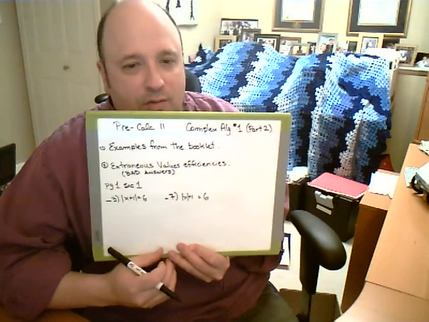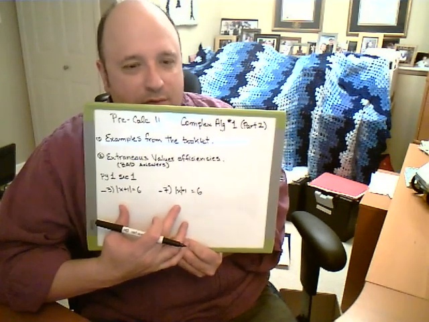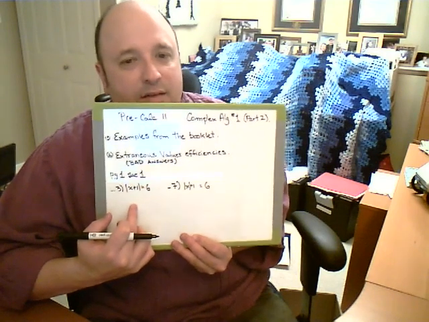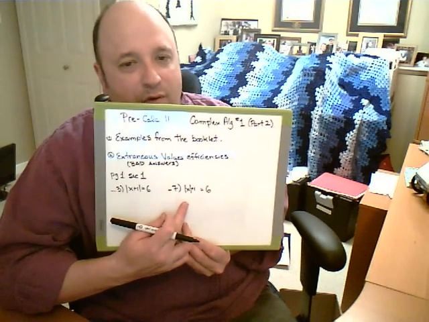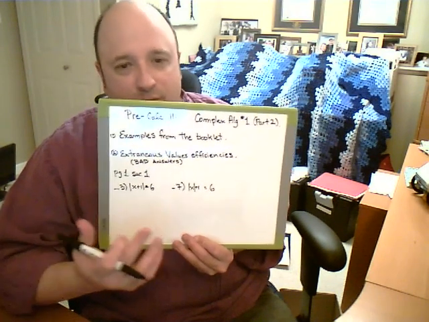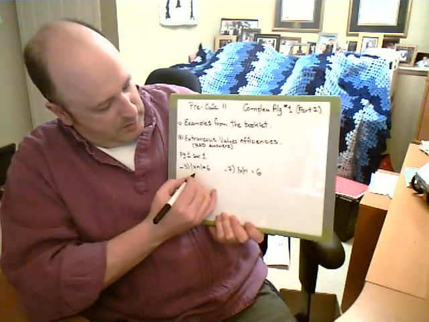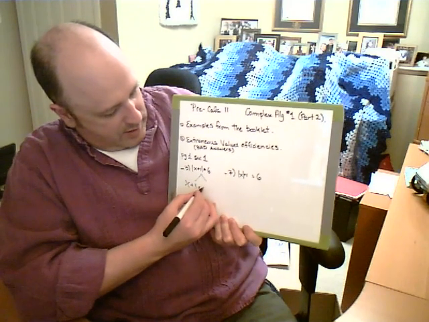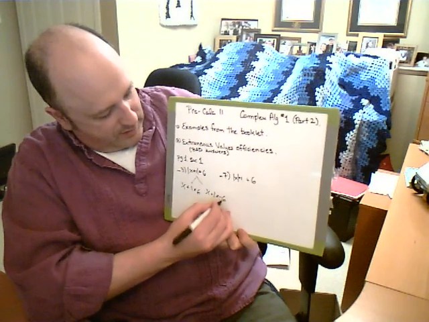Okay, so question number 1, section 1, question number 7, and question number 3. They're very similar. One has the absolute value on the outside, and one has the number on the outside. So in the first one, we split it into its two equations: x plus 1 equals 6, and x plus 1 is equal to negative 6.